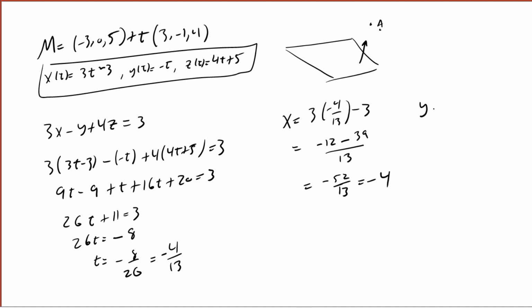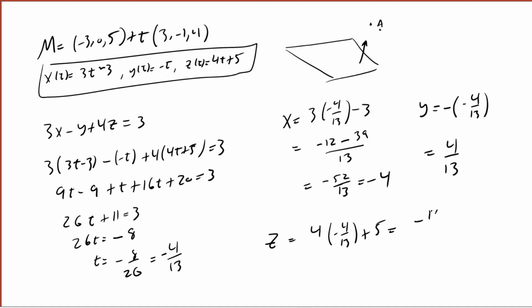Y, which is minus 4 over 13, which is just minus 4 over 13. And finally, z, which is 4 times minus 4 over 13 plus 5, so that's minus 16 over 13, plus 65 over 13.